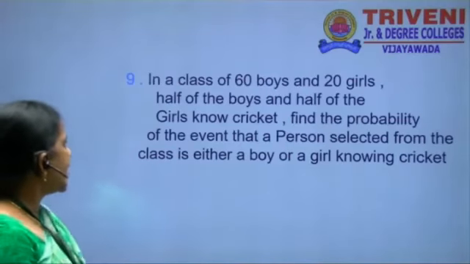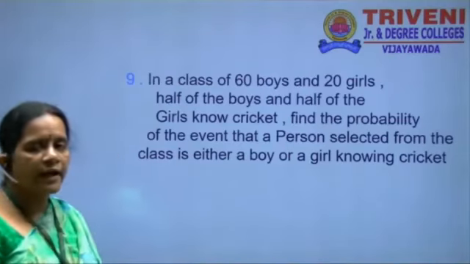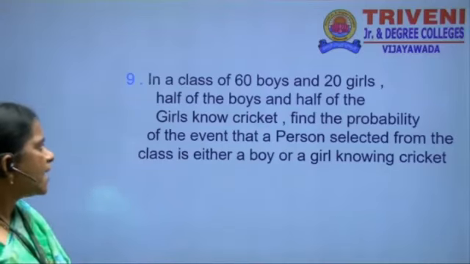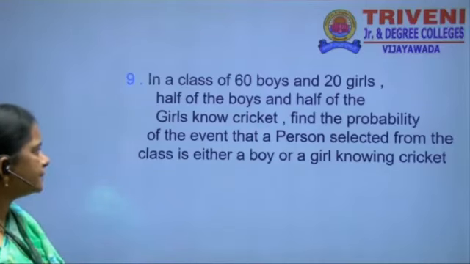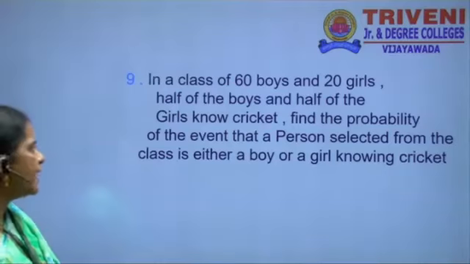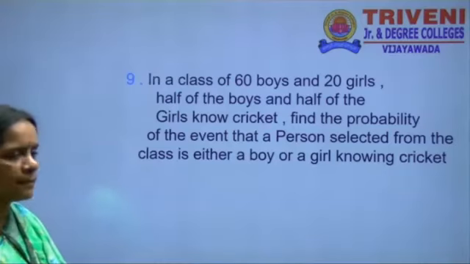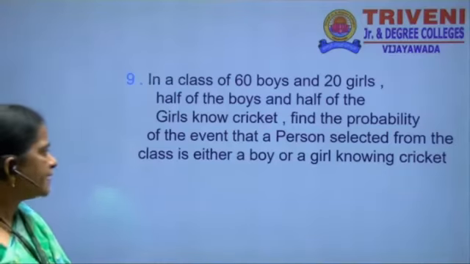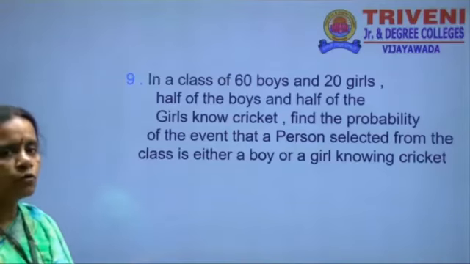In a class there are 60 boys and 20 girls. Half of the boys and half of the girls know cricket. Find the probability that a person from the class is either a boy or a girl who knows cricket.